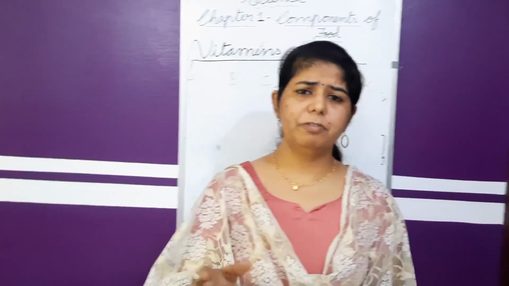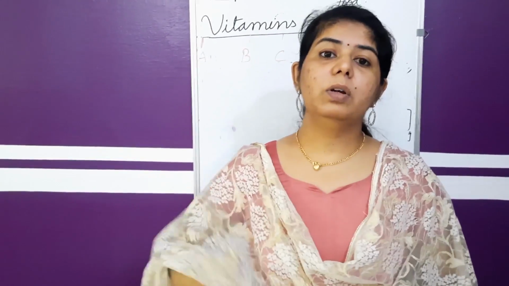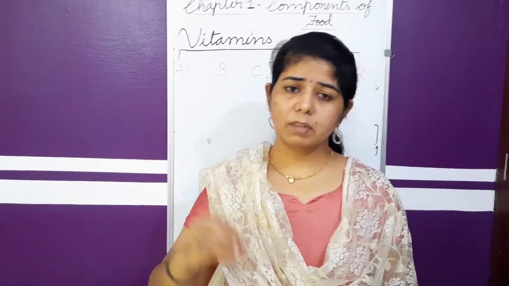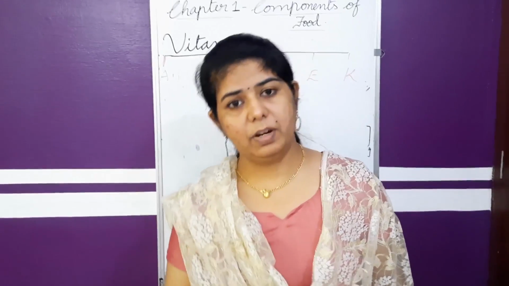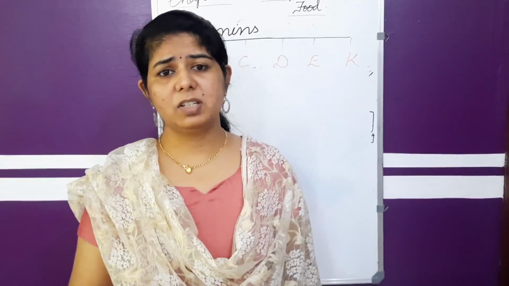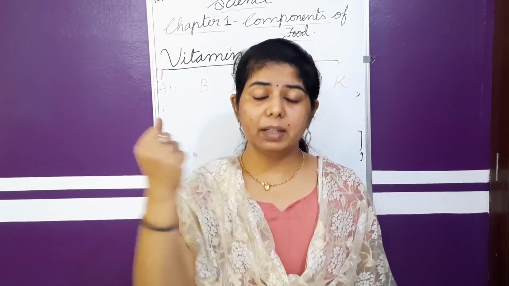All the fruits and vegetables you should include in your daily food items. After your lunch or even after your supper, have some fruits. Mainly in this pandemic situation, it is very important to have all these things to get immunity power.